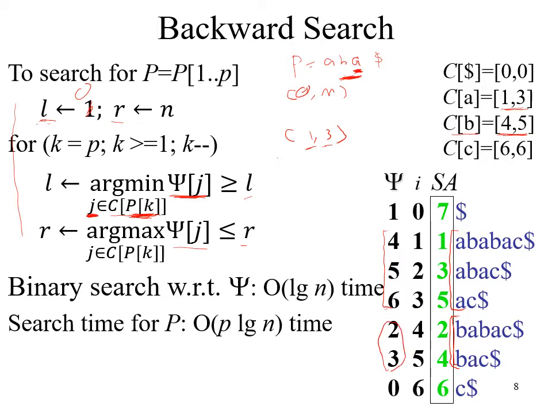L is the smallest j such that psi j is greater than or equal to the current L, which is 1.